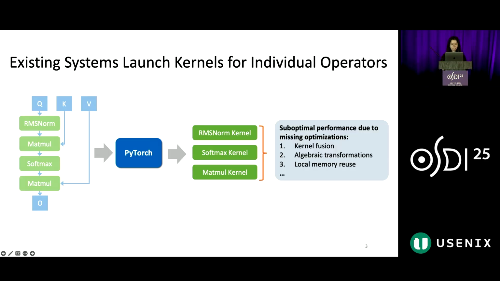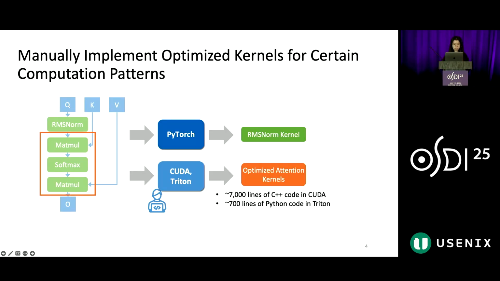However, this may lead to suboptimal performance due to missing optimization opportunities, such as kernel fusion, algebra transformations, and local memory reuse. And this renders the manual implementation of optimized kernels necessary for certain computation patterns.